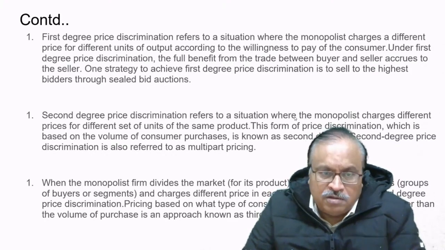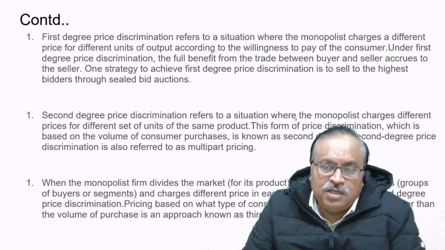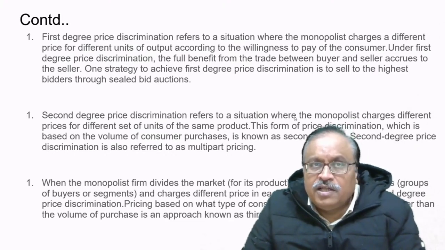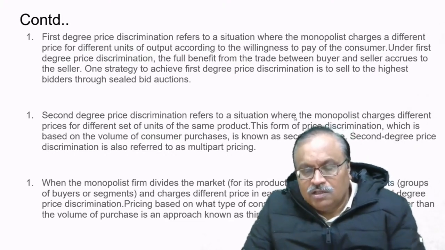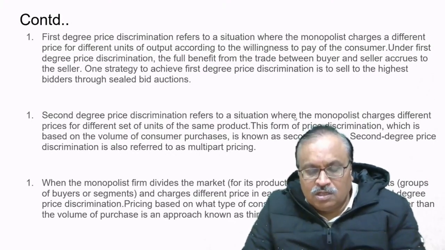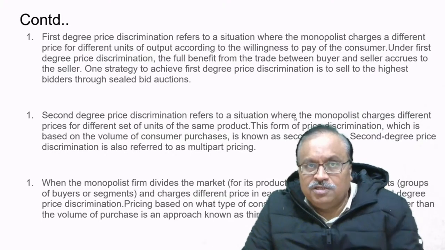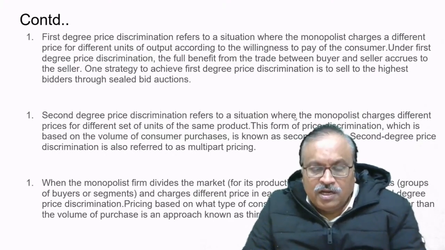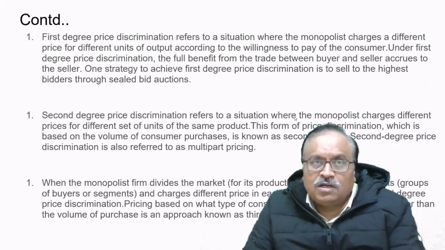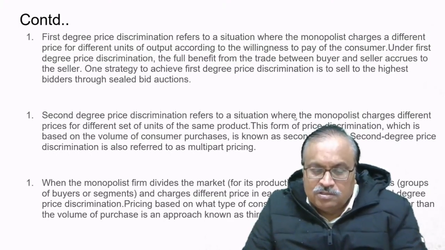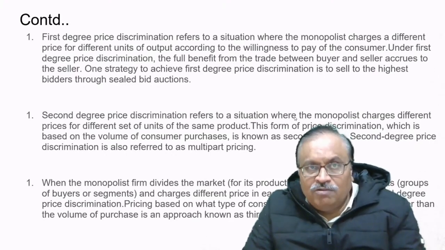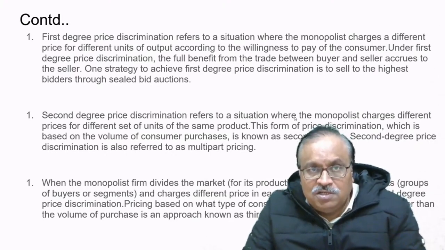When the monopolist firm divides the market for its product into 2 or more markets, groups of buyers or segments, and charges a different price in each market, it is known as third degree price discrimination. So what does third degree price discrimination mean? The customers are segregated for the same product. Suppose they are in the airline industry, and ticket prices might change as per the age or profile of the customer. For a senior citizen, we will charge less. For a student, we will charge even less than for the senior citizen.